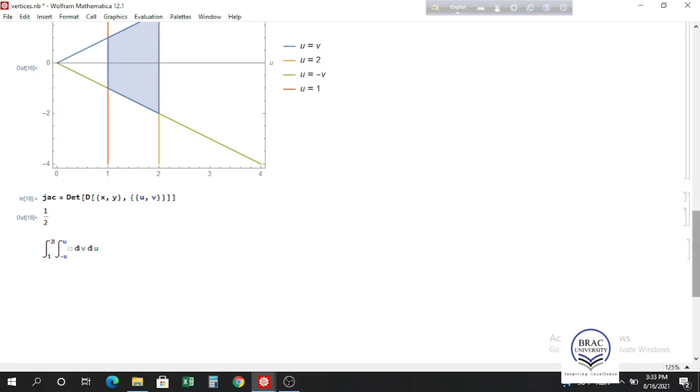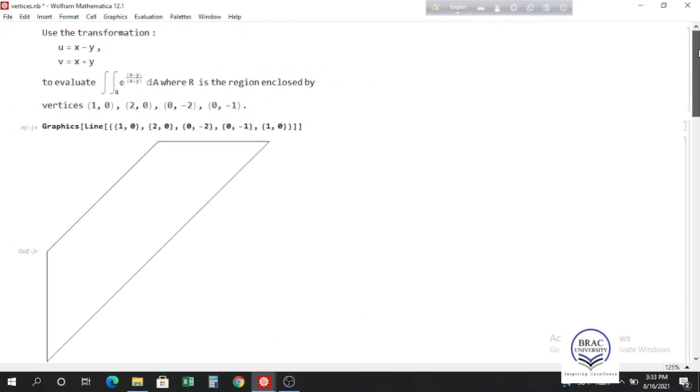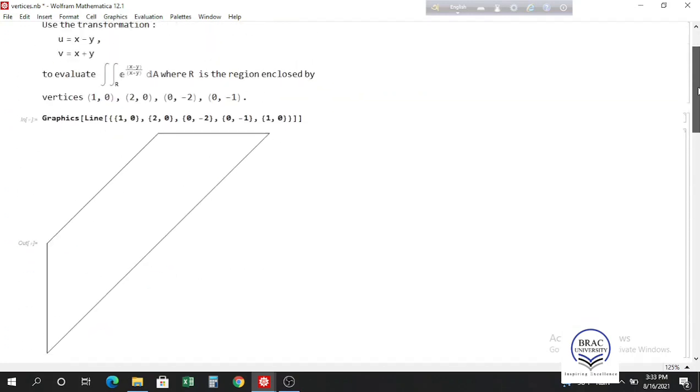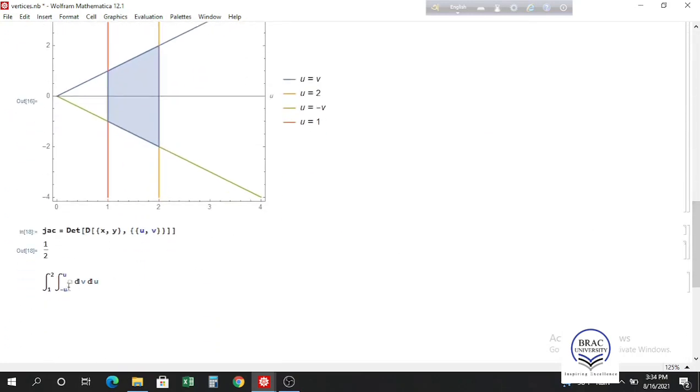And the expression is e to the power x plus y divided by x minus y. And we have to multiply the Jacobian.